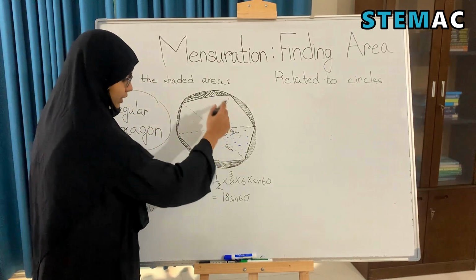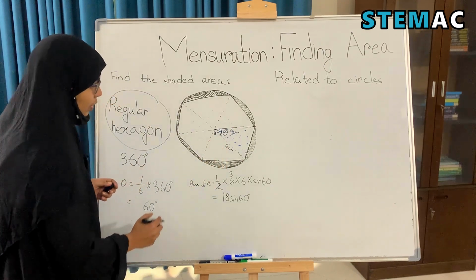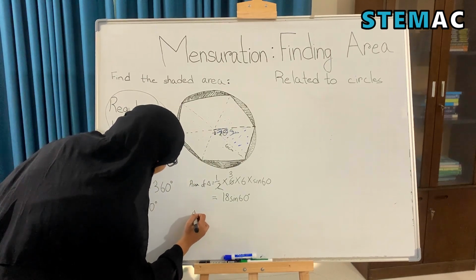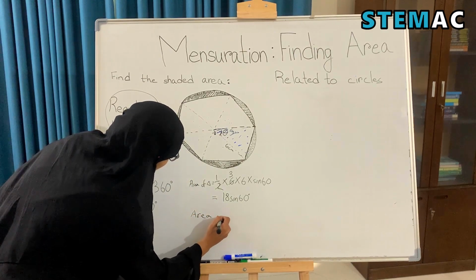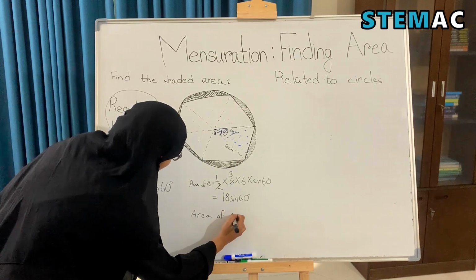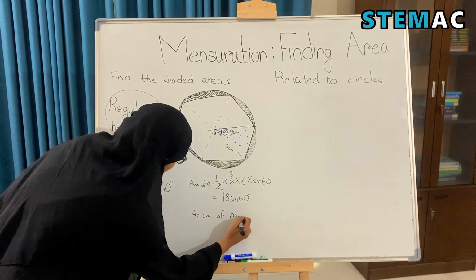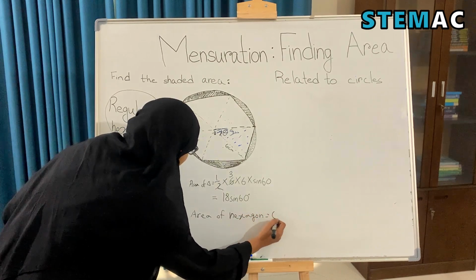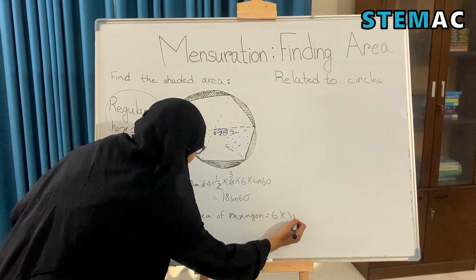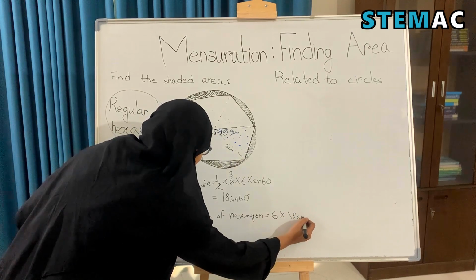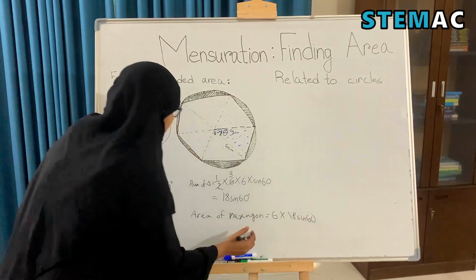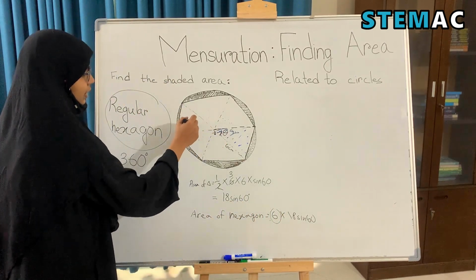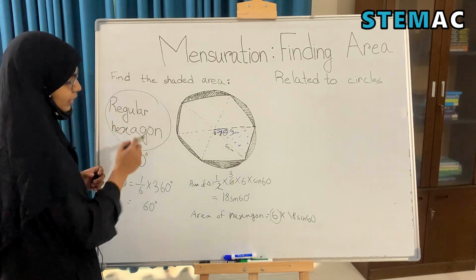As these 6 triangles are exactly the same, we can say the area of the regular hexagon equals 6 into 18 sine 60, because 6 equal triangles are making this regular hexagon.